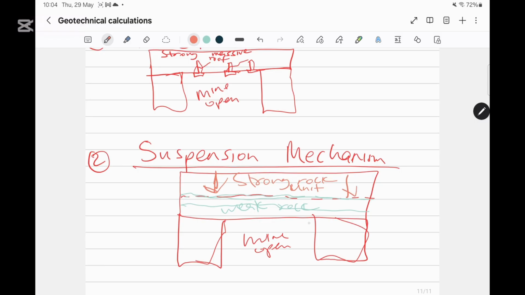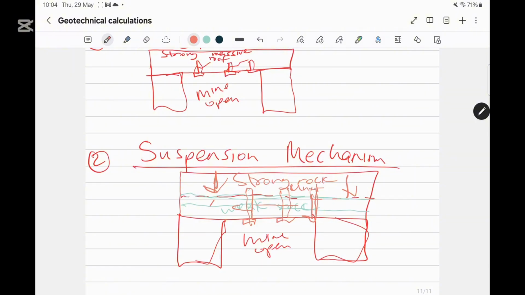For the soft rock to not fail, remember this rock can fail anytime, we want to suspend it using roof bolts to the hard rock. The hard rock, which is self-supporting, is going to hold these layers of the soft rock, depending on the situation.